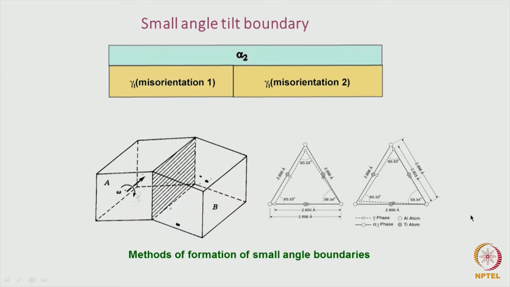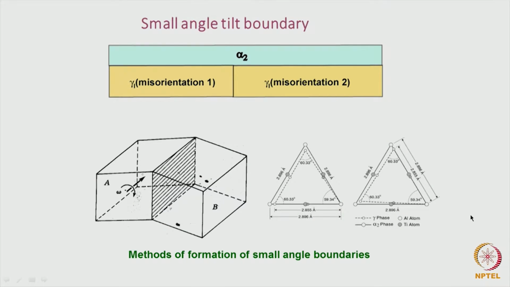Like suppose I take a tetragonal lattice. This is another variant which has nucleated. This is the C-axis. If these two come and join together, assume that the C by A ratio is slightly greater than 1, the interface continuity has to be maintained.